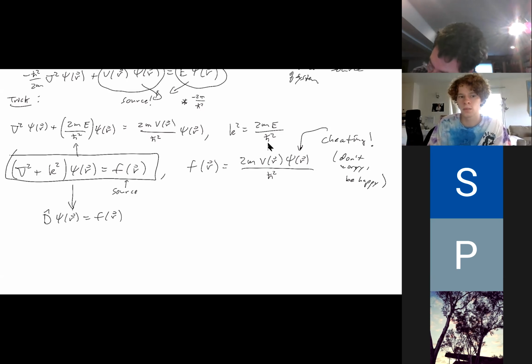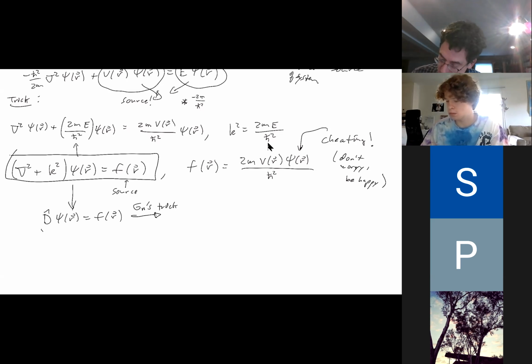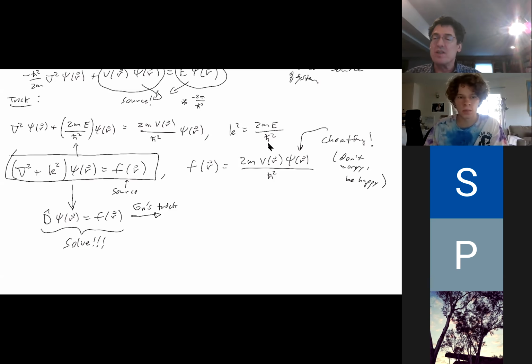So to do the Green's function trick, what is the next thing I have to do? I want to solve the Schrodinger equation, because remember what we're doing: we want to get psi so that we can get the differential cross-section. Once I get psi, I get j, the probability current, and then I can get the differential cross-section.